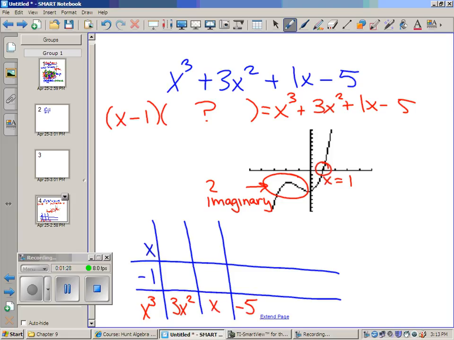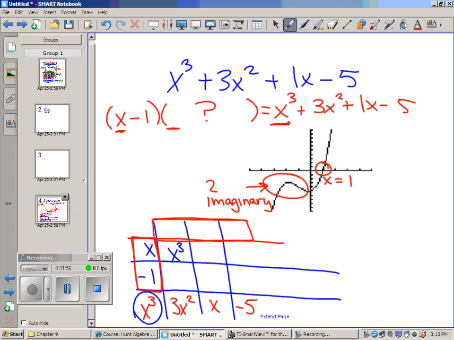So I am going to look for a polynomial that's going to fit right up here, that when I multiply it by x minus 1, I get that answer. Now I know that when I take x times something, it has to equal x cubed. So this very first spot here is my x cubed, and I got that just because it's my first term.